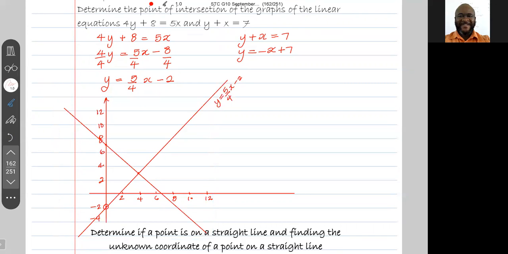This is an example of the line y is equal to minus x plus 7.